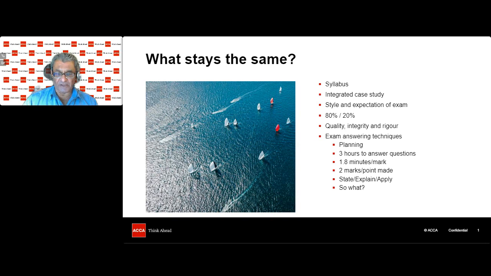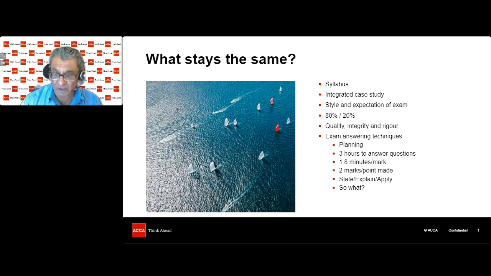State your point, explain your point, and then apply it to the organization, apply it to the challenge that is being faced. So that hasn't changed. The structure, the approach to making our points hasn't changed. The time we spend on making each point hasn't changed. Number of marks per point hasn't changed.